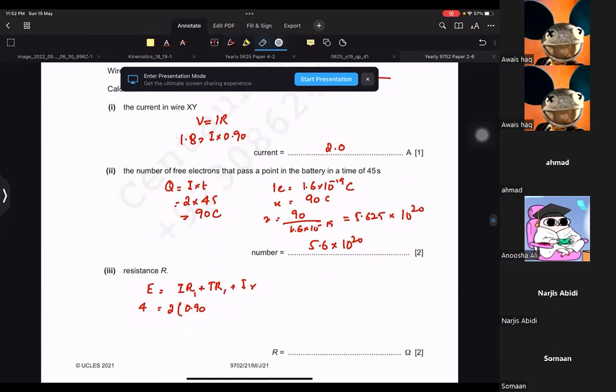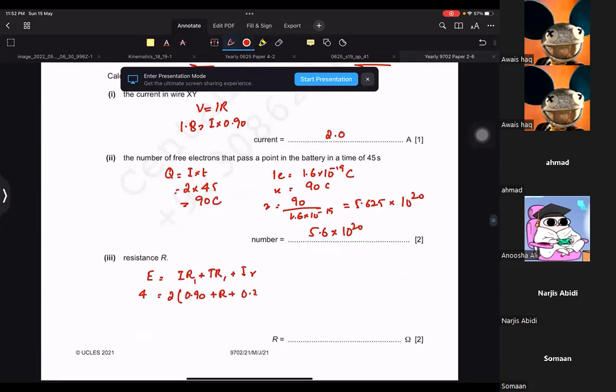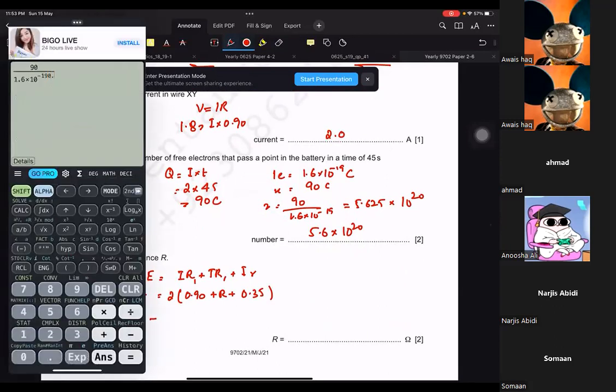The second resistor is R, and the third resistor is 0.35. All right, so 4 divided by 2 is 2, minus 0.9 plus 0.35. So 1.25 equals R. So 2 minus 1.25 is 0.75 ohms.